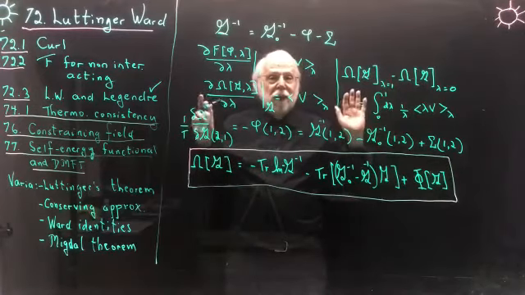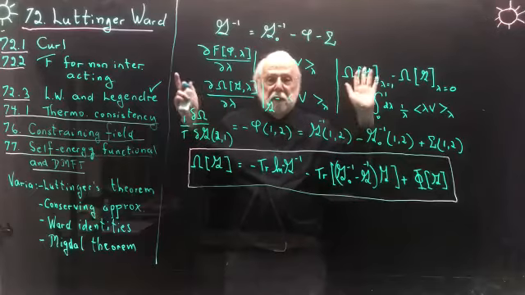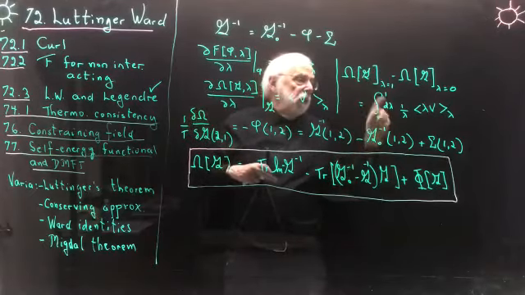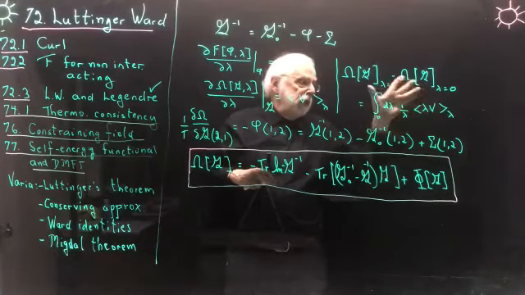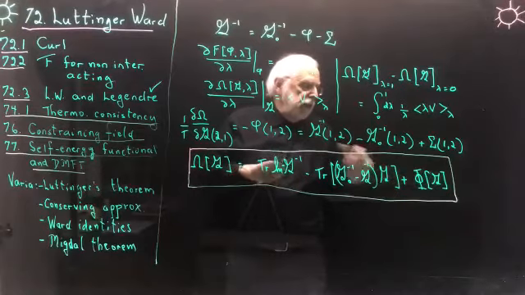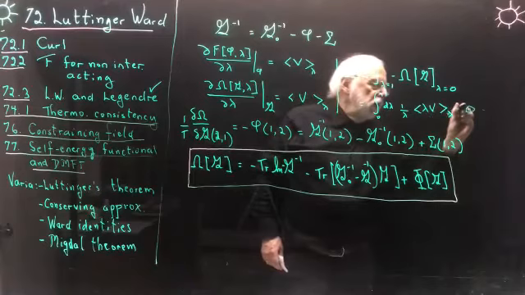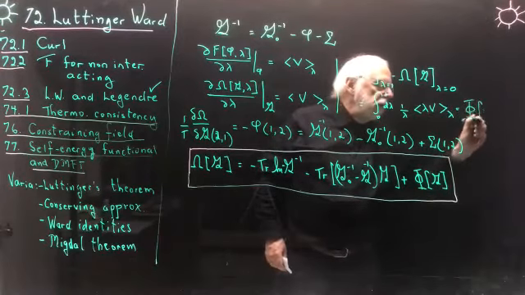It's not necessarily the non-interacting G. It's a G, but it's fixed. So it means that when I subtract lambda equals 1 from lambda equals 0 in the theory, I just get phi of G. So this is the functional of G.